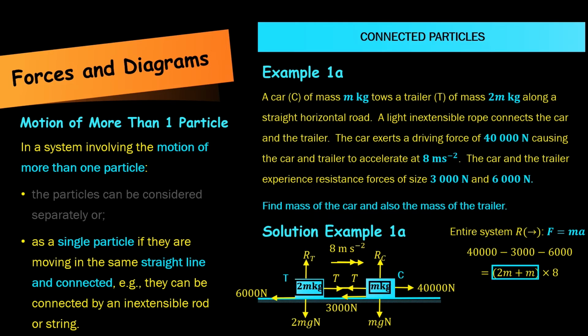We have 2m plus m, which is the entire mass. And we have 8, which is the acceleration. And so rearranging gives us 31,000 equals 24m.